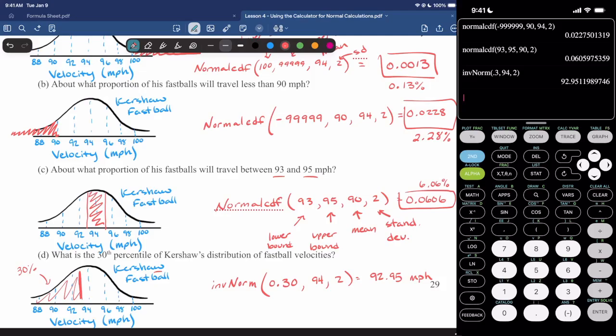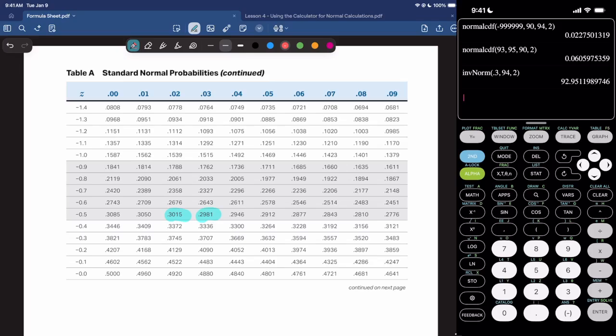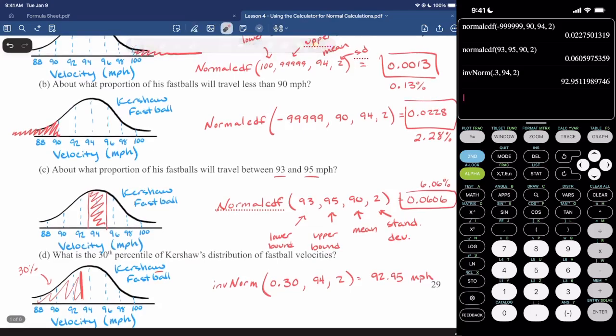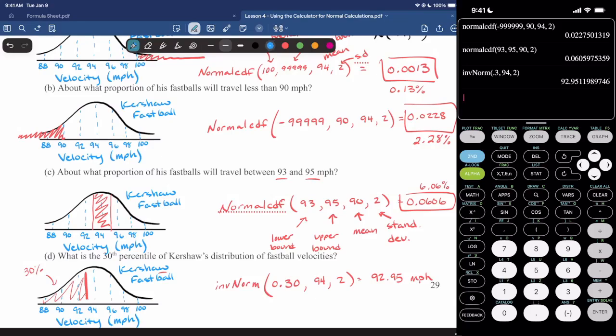Now, you might be wondering, Mr. Bowen, why did I say that this was negative 0.52 and this one came out to 92? And I'd say, well, remember, these on this display right here, those are my data points. So those are my X values. And what's in my table is my Z score.